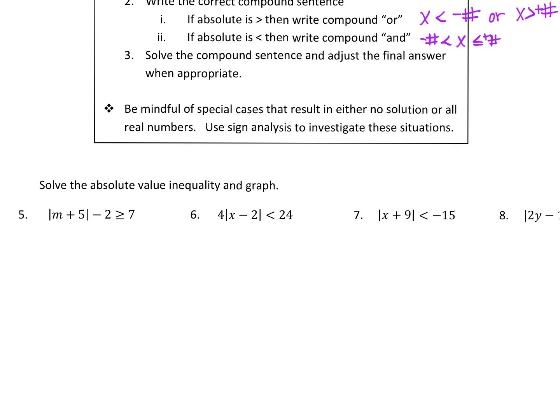Be careful about special cases that result in no solution. Remember, no solution is the absolute value less than a negative, and all real numbers is the absolute value greater than a negative number. Those are our 2 special cases.